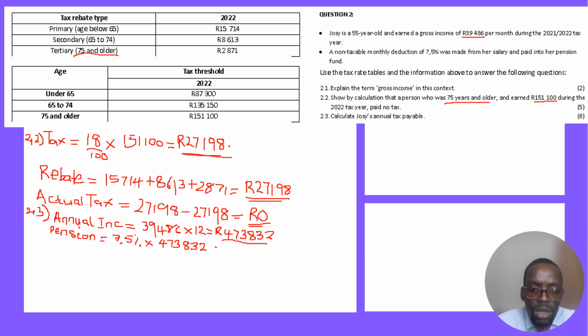If you go to your calculator and press that, you are going to find that the pension that Josie is going to be contributing throughout the year is going to be 35,537.40 in rand amounts.